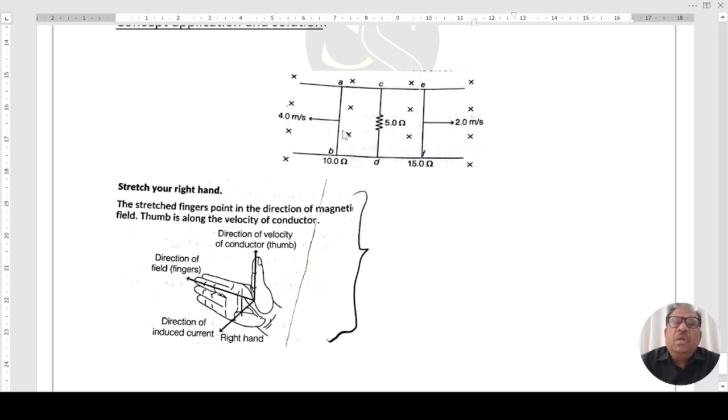We have to find which is at higher potential, A or B. Stretch your right hand, with the fingers pointing towards the magnetic field and the thumb showing the direction of velocity v. Then the palm represents the direction of induced current or force.